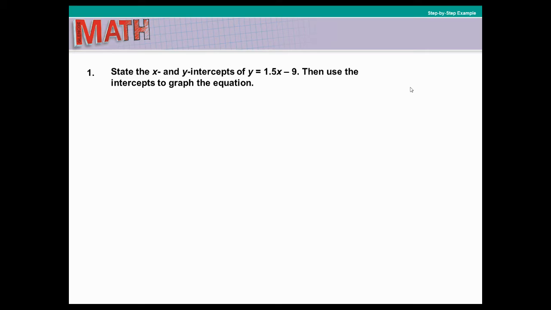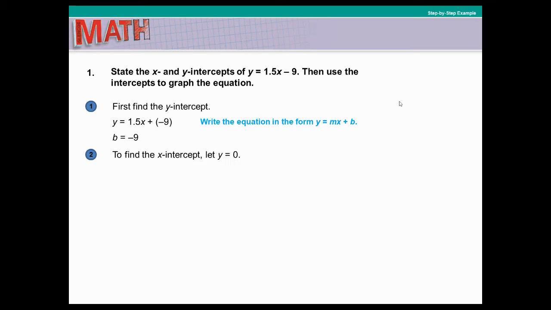And here's the way you would solve this, step by step. First, find the y-intercept. Well, that's pretty simple. We know the y-intercept is b, so we're going to change that to plus -9, in case you don't recognize that's a -9. And we find out that b equals -9, and we know that's the y-intercept.